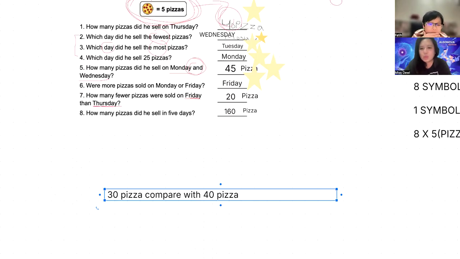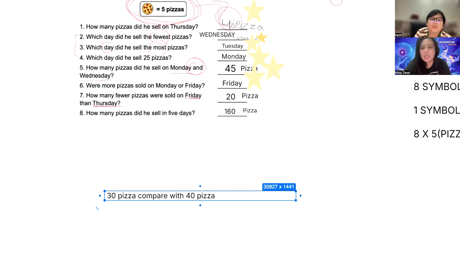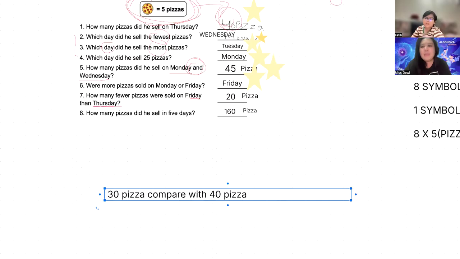If you translate it into Bahasa, I can say it like this. Fatih, Miss Dewi ada 30 pizza dibanding dengan 40 pizza. Tentu saja 30 pizza itu lebih sedikit dan 40 lebih banyak. Masalahnya, kita ingin tahu seberapa sedikit sih 30 dan 40, berapa yang beda?